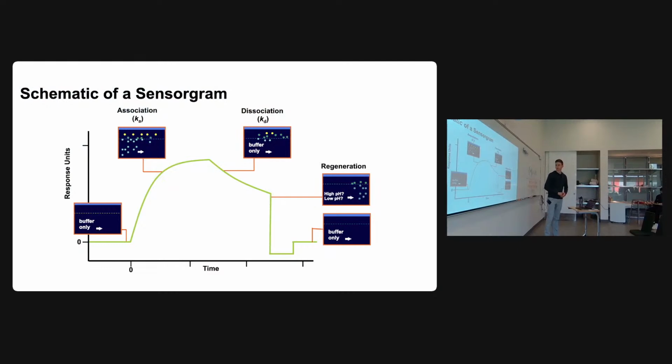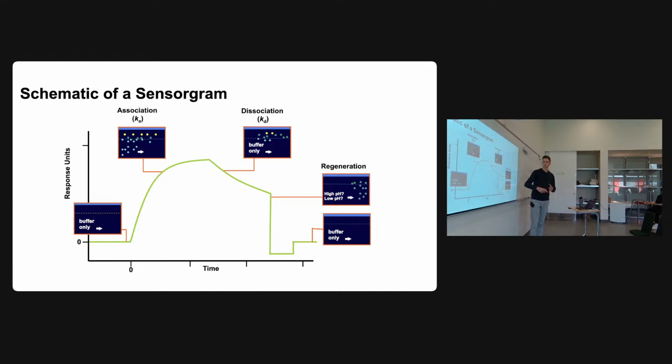An SPR machine produces something called a sensorgram, which is made up of a couple main parts, but the two important ones are the association and dissociation phases. In the association phase, you have your antibody, which is suspended, and you flow your PD-1 over that antibody. As the PD-1 binds to the anti-PD-1, it increases the mass and therefore generates an association curve, as seen here.